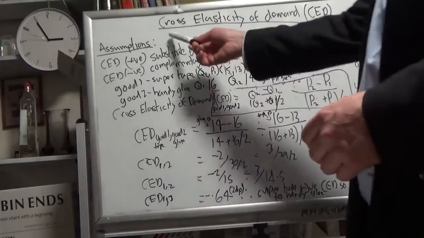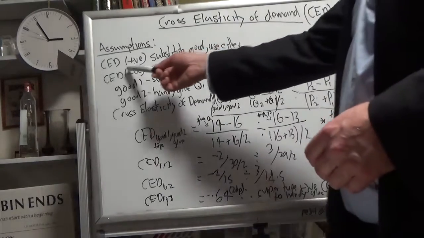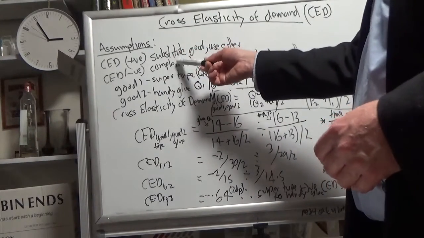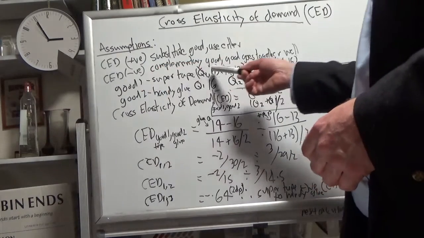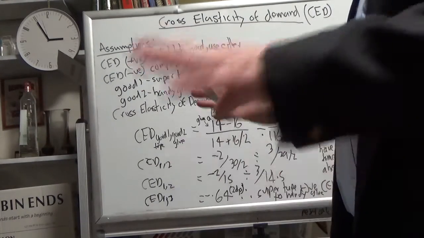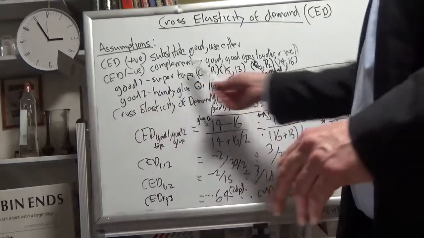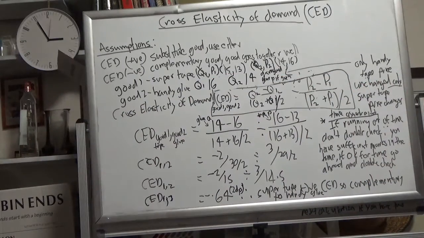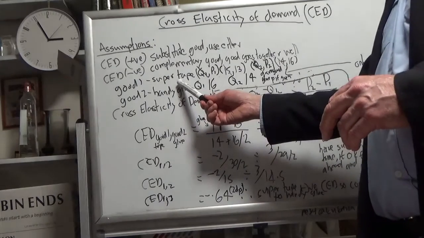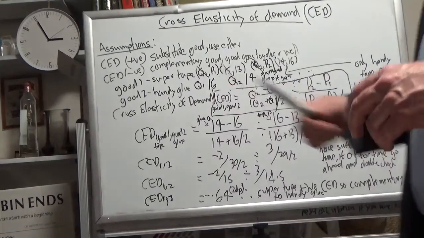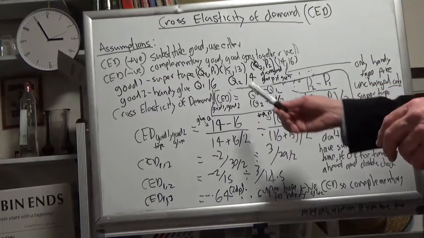So if that cross elasticity of demand figure is positive, it's termed a substitute good, okay? But if the figure is negative, then we know those two goods that we're studying are complementary goods. The goods go well together. So in my example, good 1 is a product called Super Tape that you could buy at a hardware store.